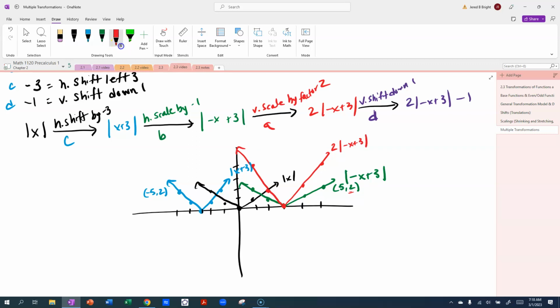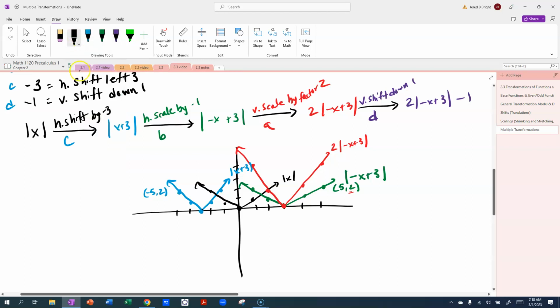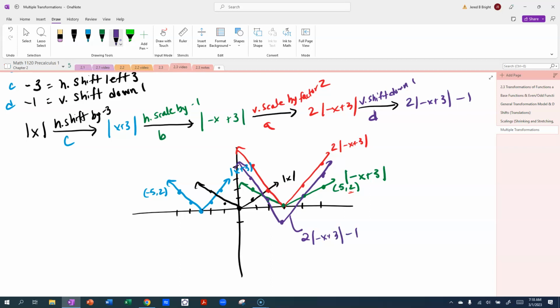And then the final graph would be just shifted down 1 from all of this. So I need to shift down 1. There we go. So move this down, each y value just down 1. And so this here would be the graph of 2 times the absolute value of negative x plus 3, all minus 1.